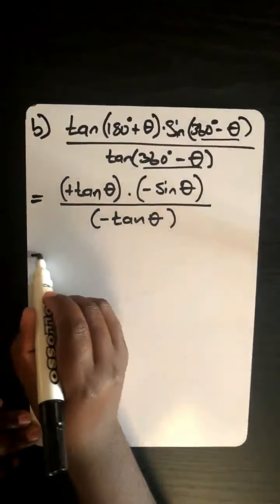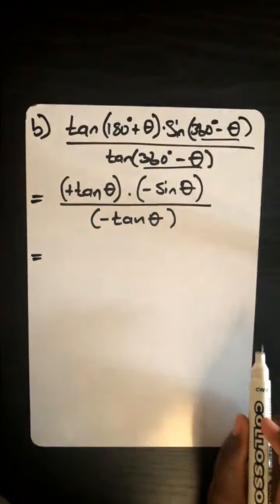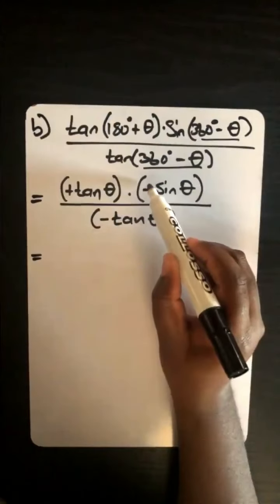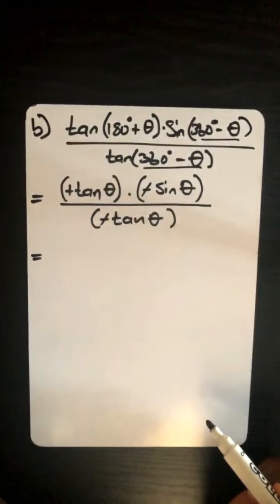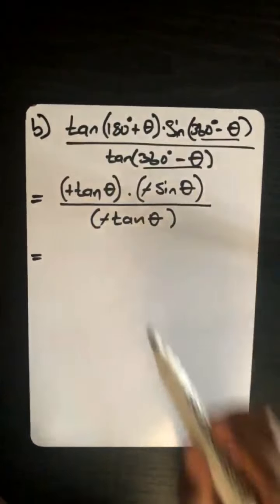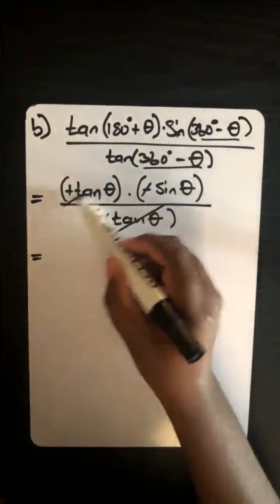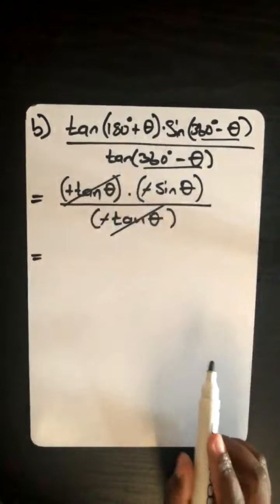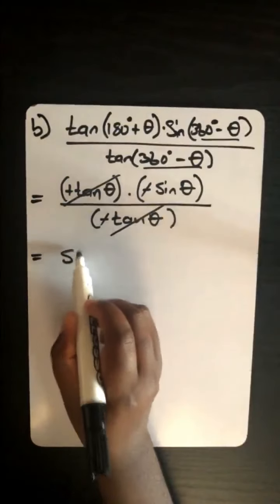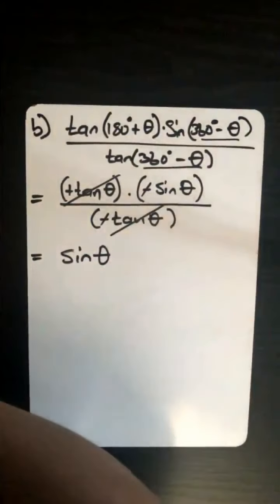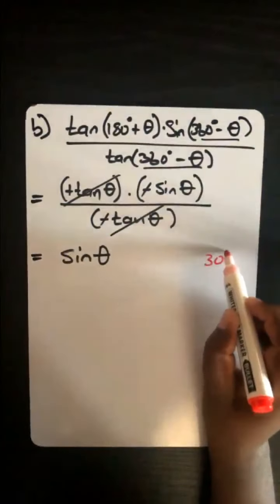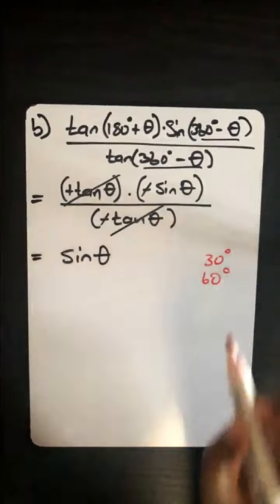So now, let's check what happens there. I normally like cancelling out the negatives if they are there, and then I see I've got tan angle, they can cancel. So that means I remain with sine angle. Some of you use 30 degrees, some of you use 60 degrees.